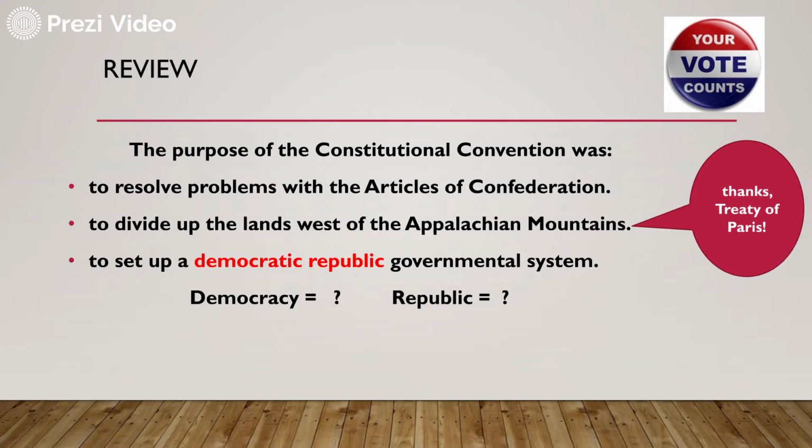So a democratic republic governmental system. What does that mean? Well, democracy is where we vote to elect our president and our lawmakers, like we saw in the other video. We have three branches of government, and we elect the representatives of two of those.